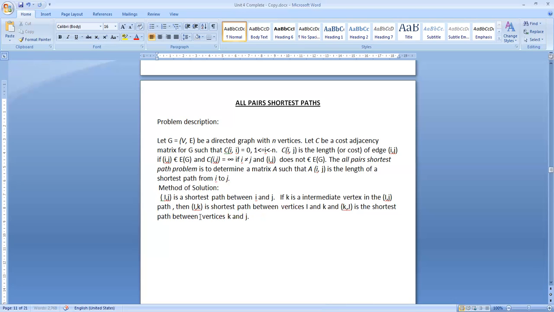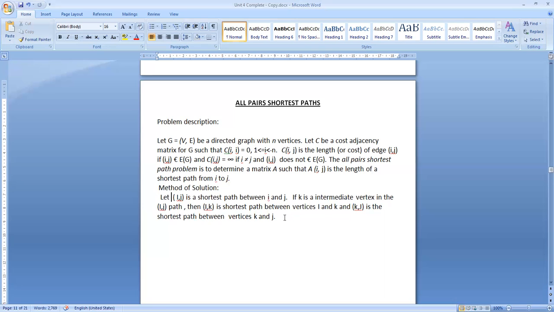If this condition is not satisfied, then you cannot claim this i to j path is a shortest path. So our aim is to find the intermediate vertex k with the greatest index, such that i to k is the shortest path and k to j is the shortest path. That is the idea behind this.